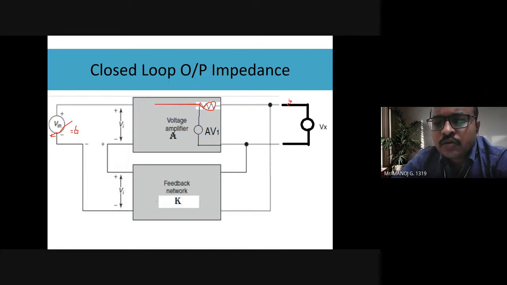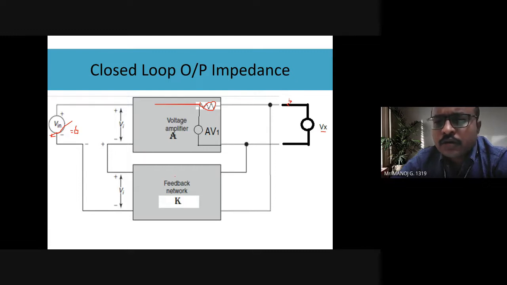We have seen how to calculate the input impedance. The same thing. The first thing is you need to connect an external voltage source Vx in which the Ix current flows, and then you nullify the sources. If it is a current source, then you open circuit it, and if it's a voltage source, then you make it into ground or 0, right? So based on that, this is nullified.